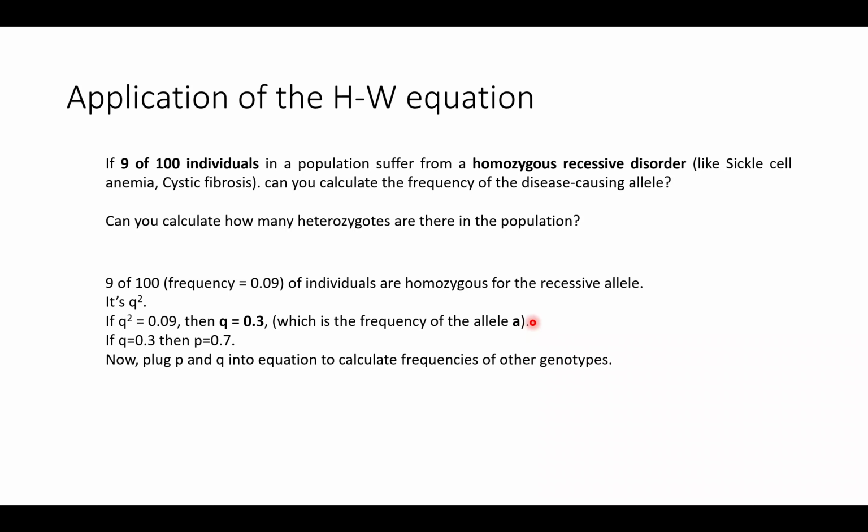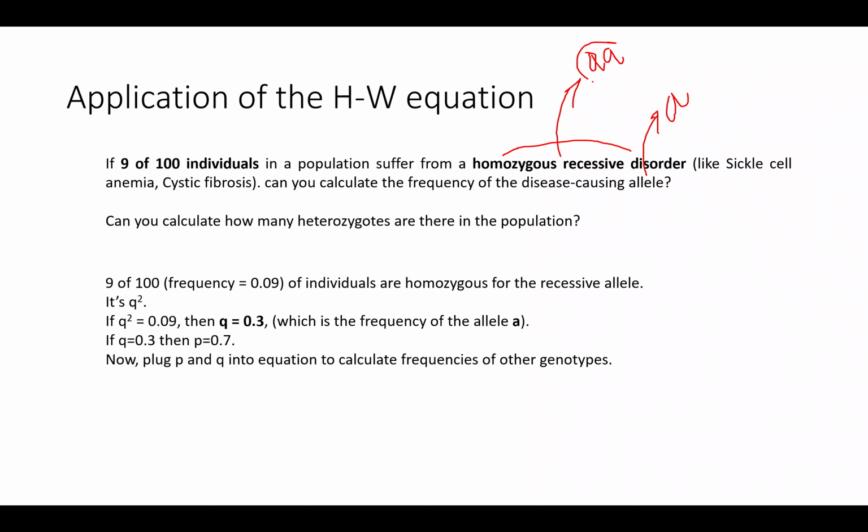Yes, correct. So here it has asked the frequency of the disease causing allele. So the disease causing allele is, let's say, small a, not the capital, because it is a homozygous recessive disorder. Homozygous recessive disorder means the recessive allele has to be present twice, small a, small a.